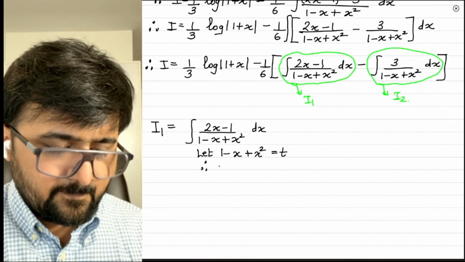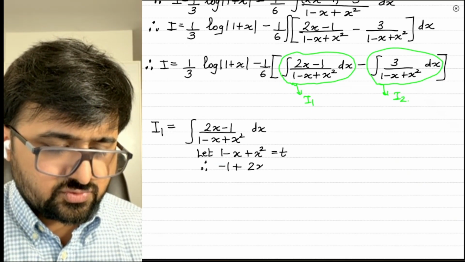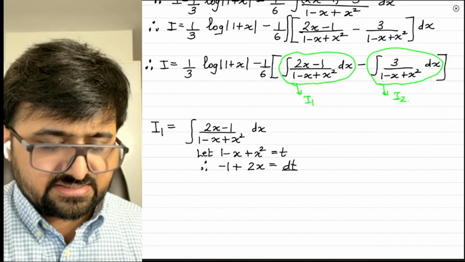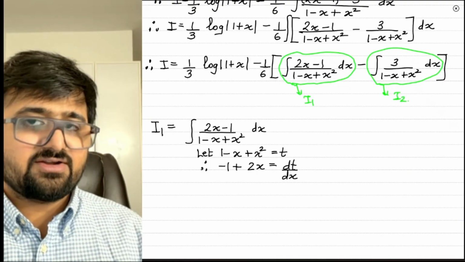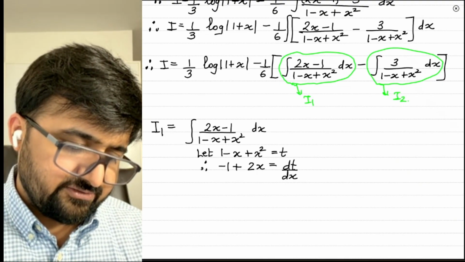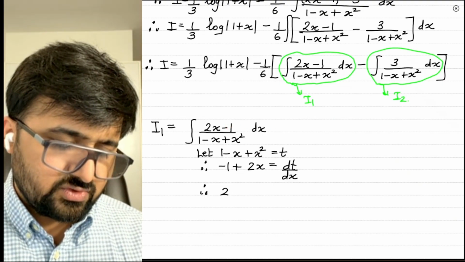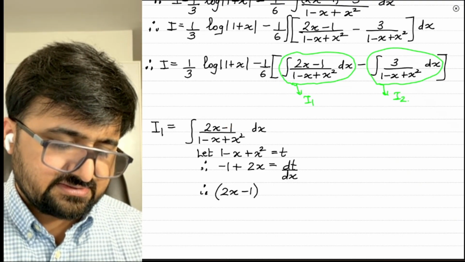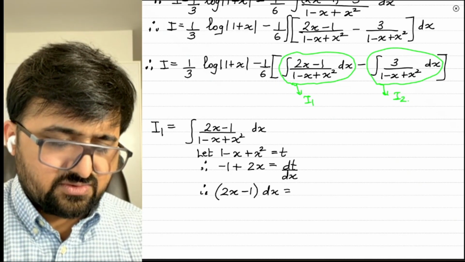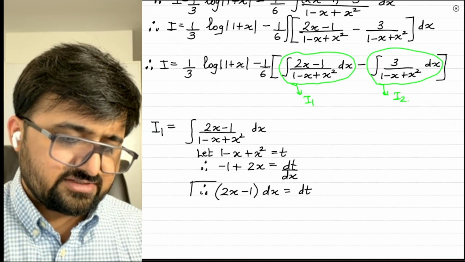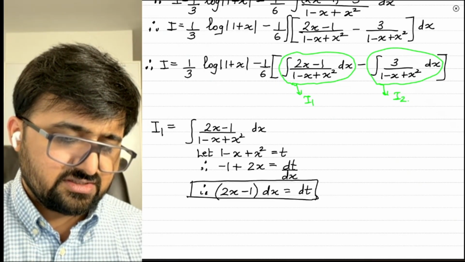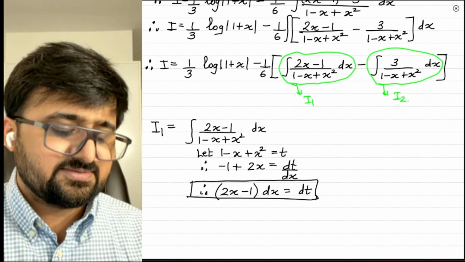So we have minus 1 plus 2x is equal to dt by dx, differentiating with respect to x. Therefore 2x minus 1 dx is equal to dt.